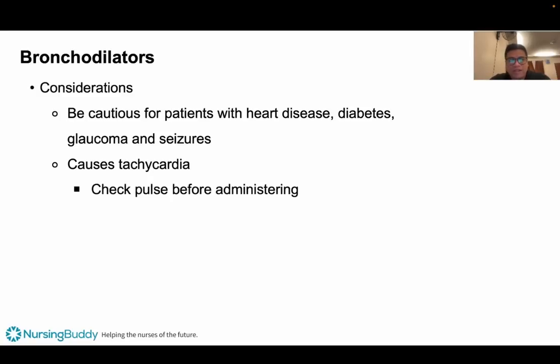So it can also cause tachycardia, and that's why we must check pulse before administering. So para sa mga pasyente na nagtatachycardia, always be careful when you're giving bronchodilators. And take note, if it will be asked in the boards or your examination at school: check the pulse before administering or before starting your nebulization with your bronchodilators.